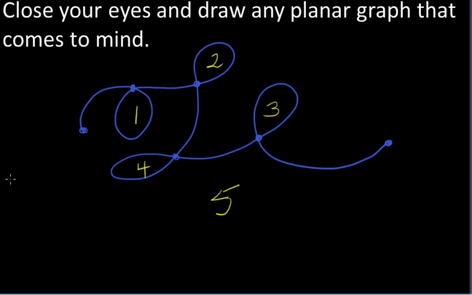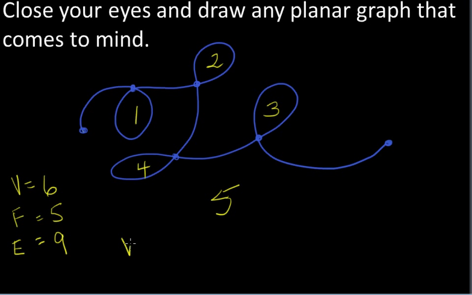And let's count. We have the vertices, 1, 2, 3, 4, 5, 6. We have the faces, 5 of them. And we have the edges. Well, we need to count. Start here where we began. 1, 2, 3, 4, 5, 6, 7, 8, 9. 9.